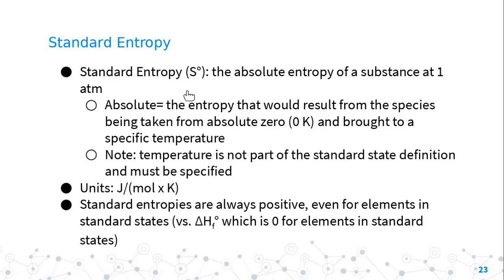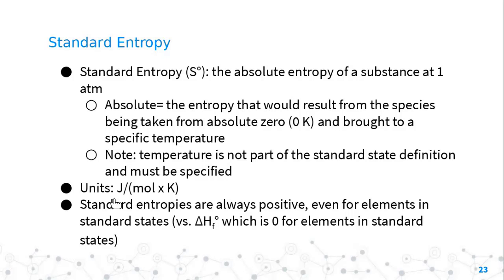So when you have these standard state values, like you would have in a table, that does not include the temperature. It starts at 0 Kelvin, but you're bringing it to a specific temperature, let's say 25 degrees Celsius or maybe 100 degrees Celsius. You have to specify that because the value will be different at different temperatures. It's not part of the standard state definition, and it must be specified.